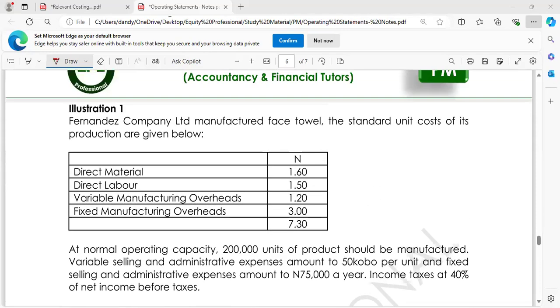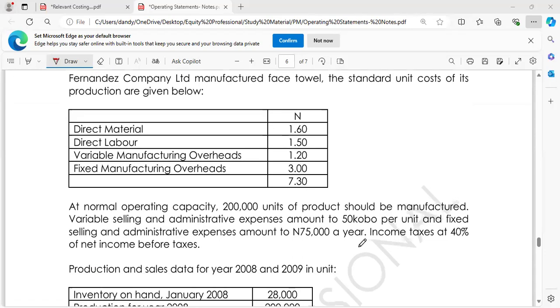Illustration 1. Fernandez Company Limited manufactured face towel. The standard unit cost of its production are given below. Direct material 1.6, direct labor 1.50, variable manufacturing overheads 1.2, fixed manufacturing overhead 3, altogether 7.3.